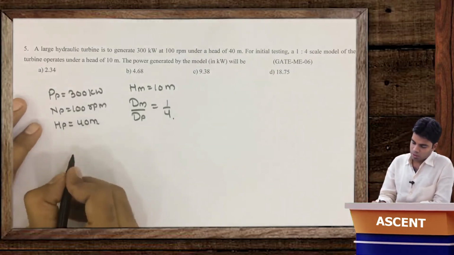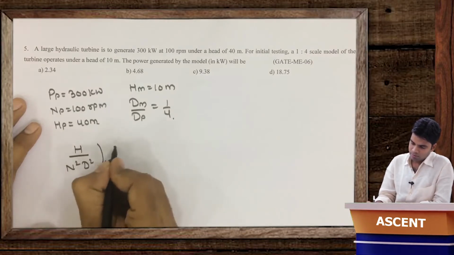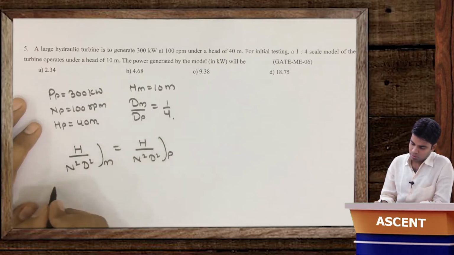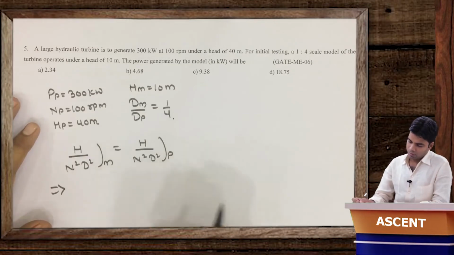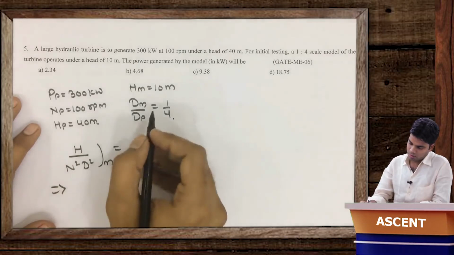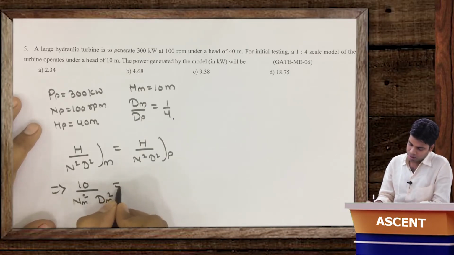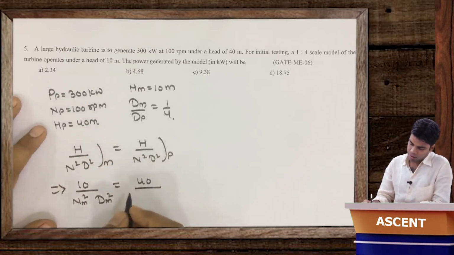So for this, what we can do is put the head number first: H upon N square D square for model is equal to H upon N square D square for prototype. Just put the value. Here H for model is given as 10 meter divided by Nm square into Dm square, equal to H for prototype, 40 meter, divided by Np square, 100 square, into Dp square.